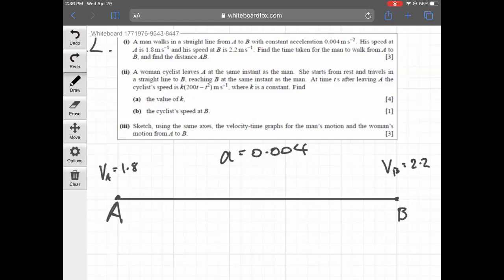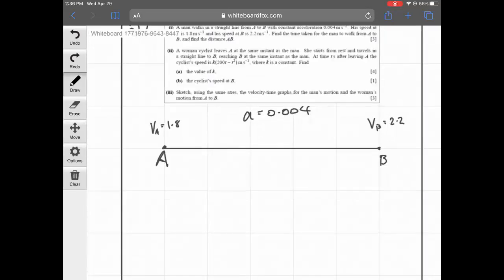Find how long it takes for him to walk from A to B, and find how far that distance is from A to B. So we need time from A to B, and we need the distance from A to B. So write those down as well, because it's very easy to forget once you've finished finding the time. Oh, I was also supposed to find the distance. So I just write down what I'm supposed to find, and that way I won't forget it.